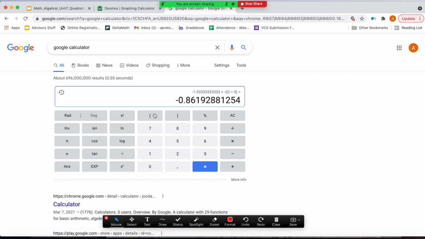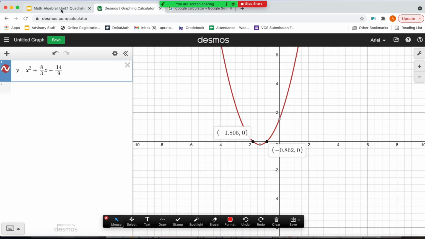If you notice here, it wasn't just negative 0.862. It's negative 0.86192, and it will keep going on forever because it's irrational. And then instead of plus that, we could have done minus, and you would get negative 1.805 with a non-terminating decimal.